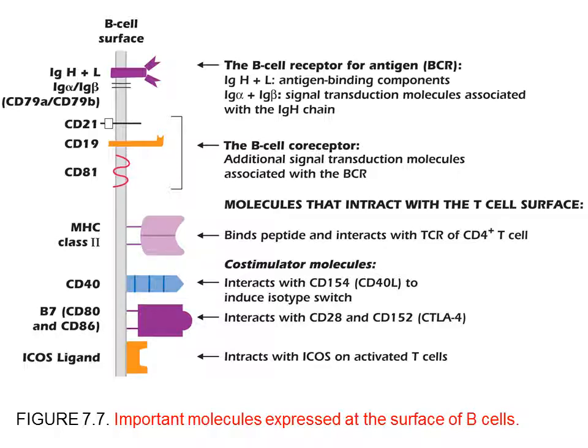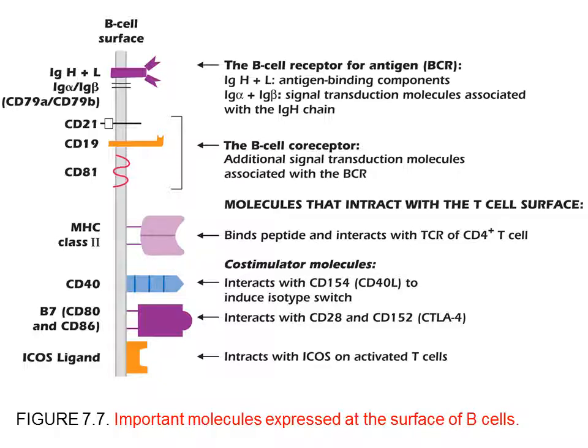Now, in this case, there's a B cell surface, as you can see from here, and these are different molecules, the receptors. The most important receptor the B cell has on top of it, which will act as a fragment for antigen binding or antigen capturing, is the BCR.